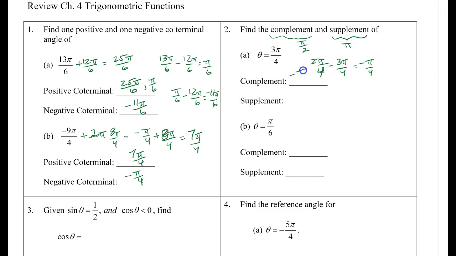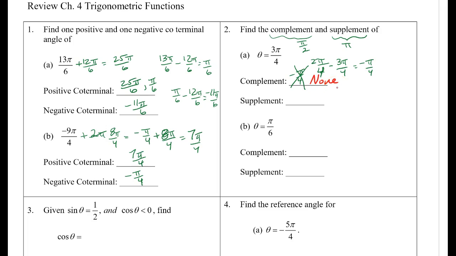That would be my complement. However, we discussed in class that a complement needs to be two positive angles. So since 3 pi over 4 was already bigger than pi halves, we can just go ahead and say that there is no complement.